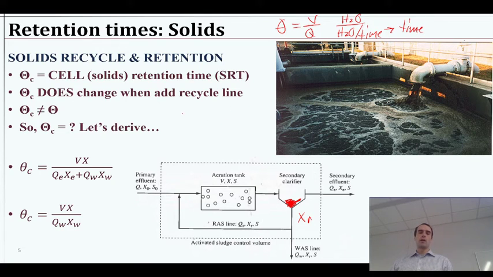So when we start talking about theta C, what we want is mass of bacteria divided by, probably something like, mass of bacteria times time, or divided by time. Something approximately like that.